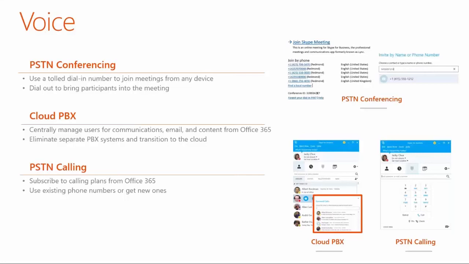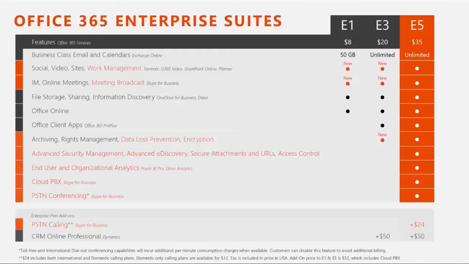Starting out with E1, our first enterprise offering, it gives you business class email, work management, and meeting broadcast for Skype that's brand new, allowing you a platform very similar to the one we're using today, allowing you to have up to 10,000 attendees in your webinars.